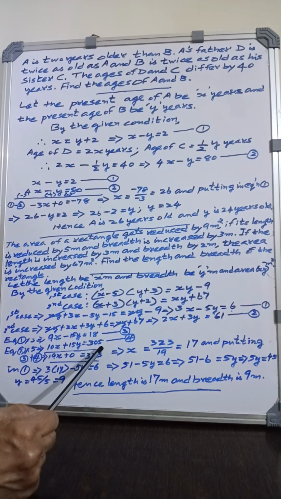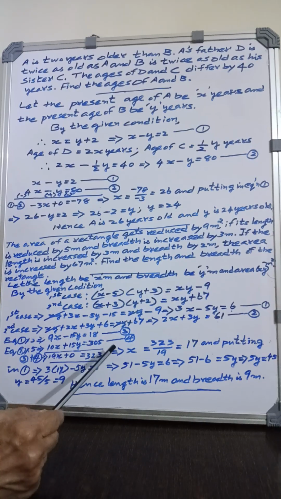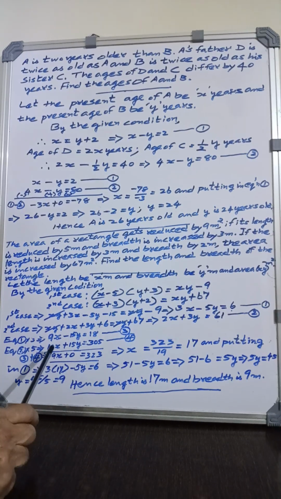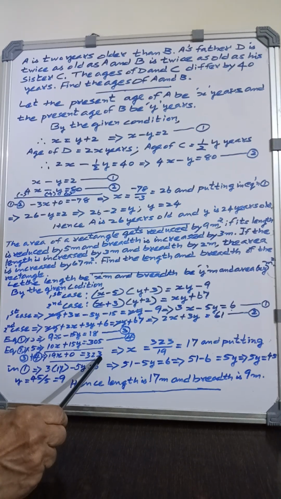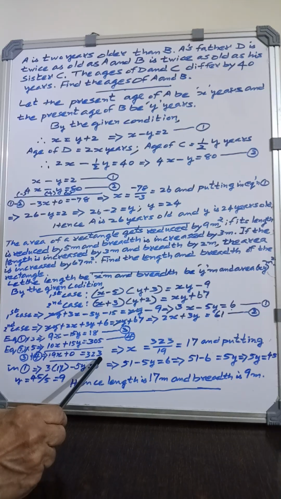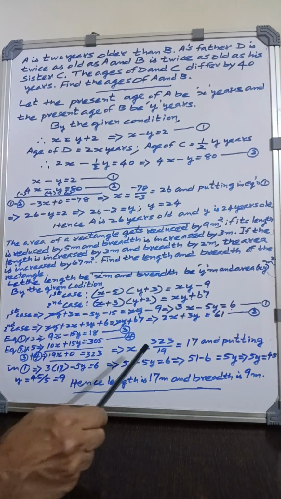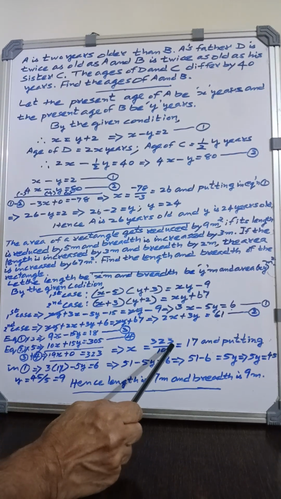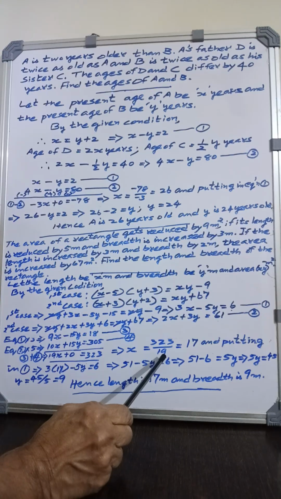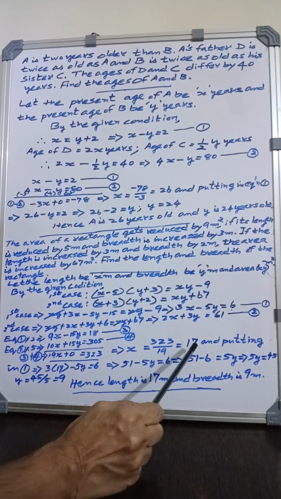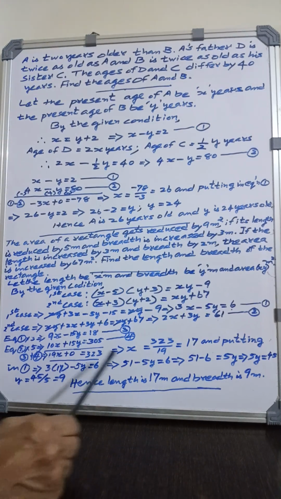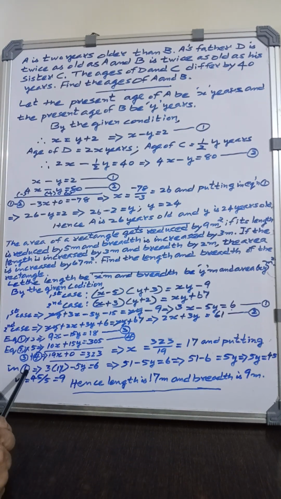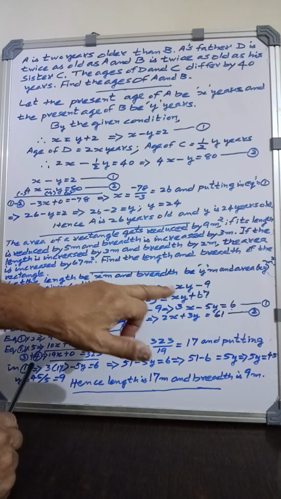Therefore, 19x equals 323. x equals 323 by 19, which gives 17.